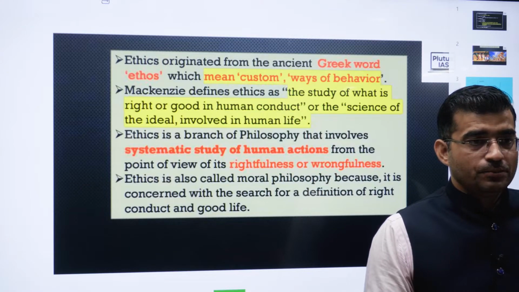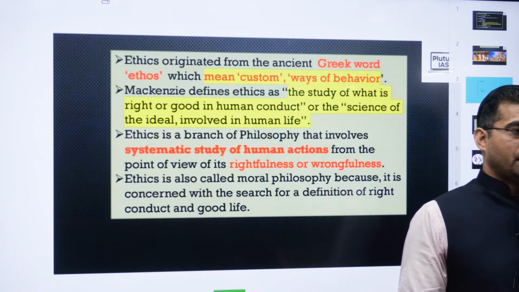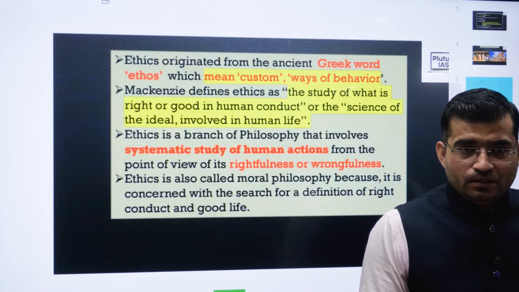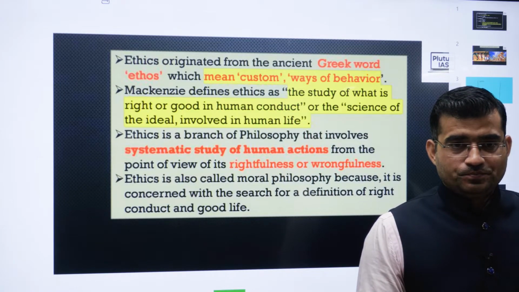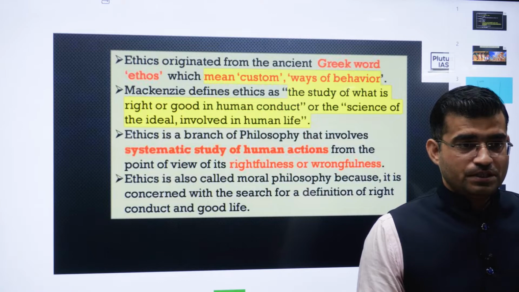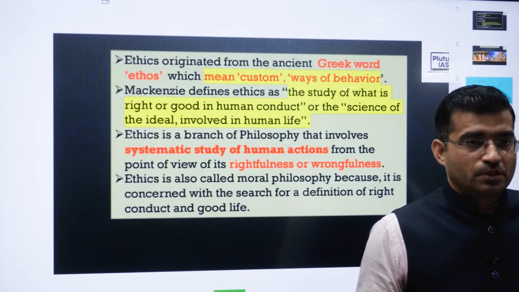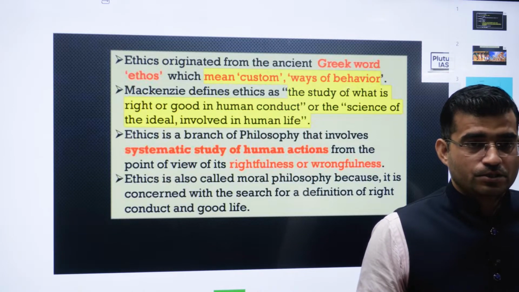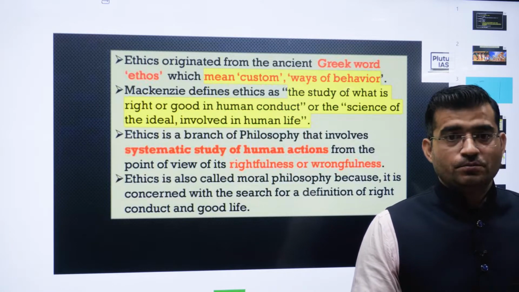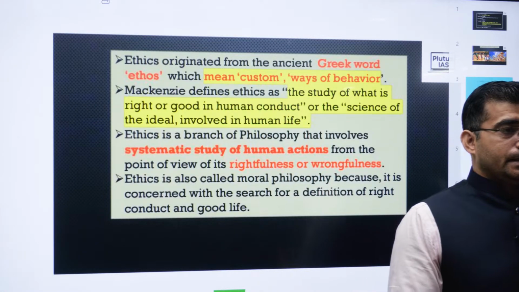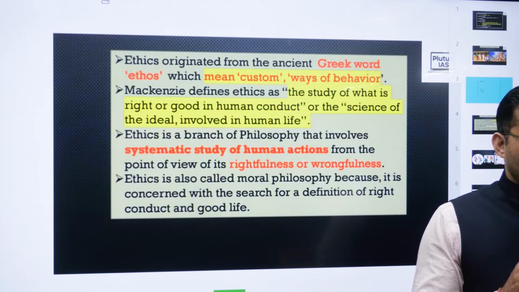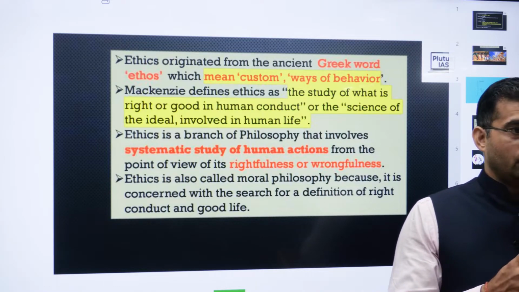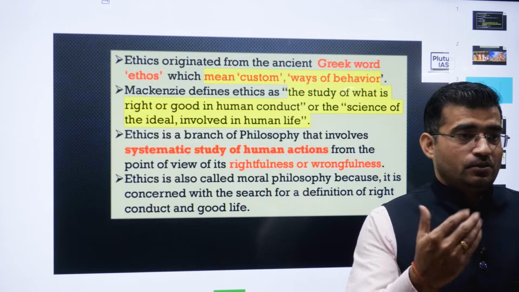Actually, it was a question asked in perhaps a PCS examination: can you explain why it is called a system? Suppose I take the example of a computer. A computer is called a system. The human body is called a system. When the term system comes, correlate it with the fact that our human body is composed of different organs like heart, kidney, hand, and other cells.